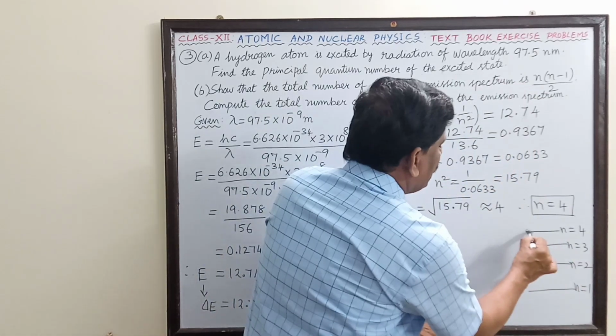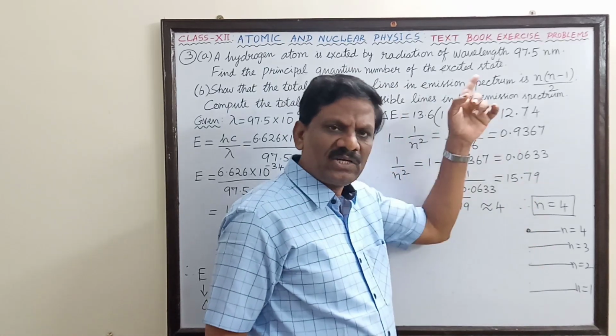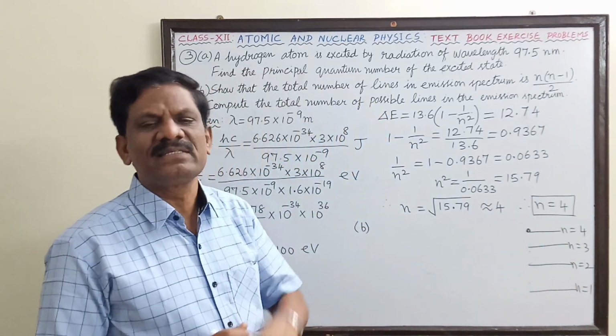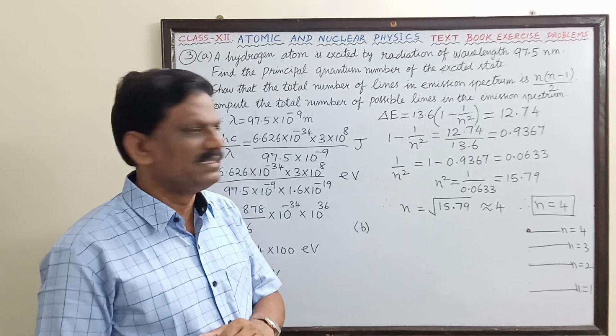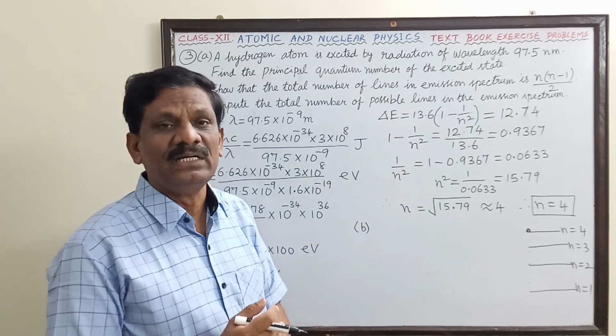So when the hydrogen atom is shifted, it is absorbing the photon and shifted to n is equal to 4, and it can remain only for 10 power minus 8 second in the higher energy state. Afterwards, it has to return to the ground state. What are all the maximum transitions?